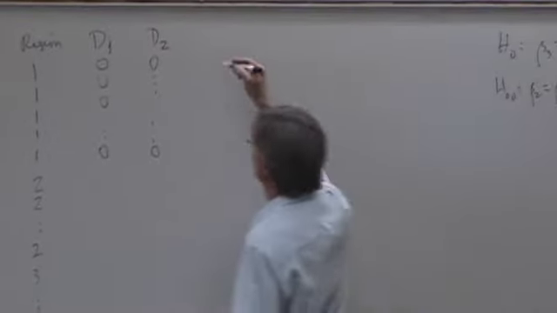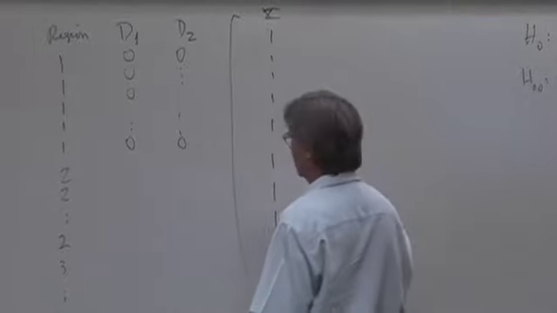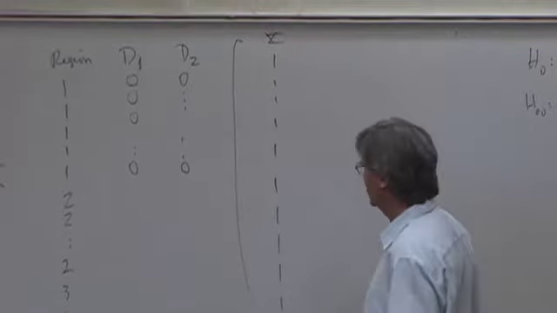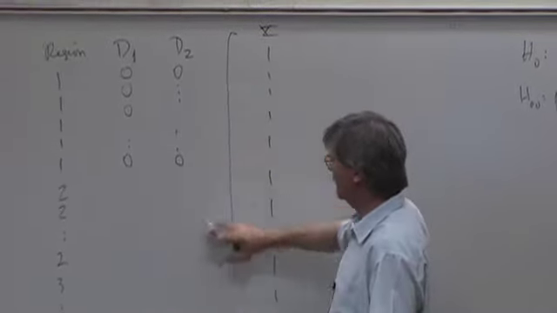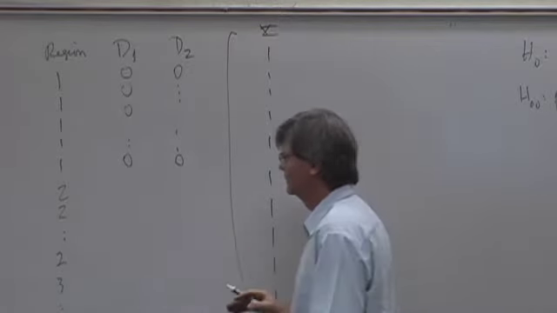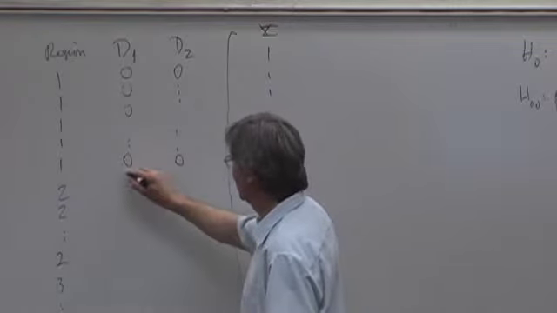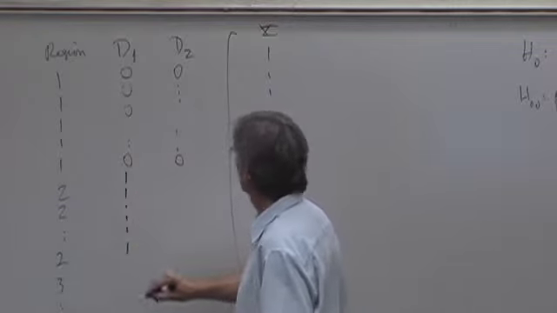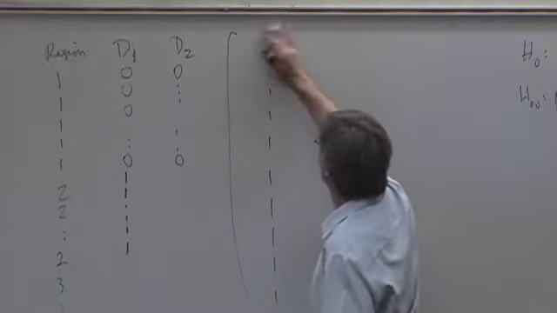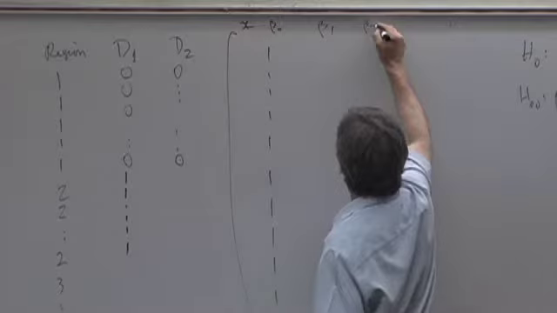So I'm going to have my betas over here, and now my X matrix. You're going to have my column of 1s. Why wouldn't I have a third indicator variable? I'm going to put 1s here so that I pick up my beta 0, beta 1, beta 2, beta 3.